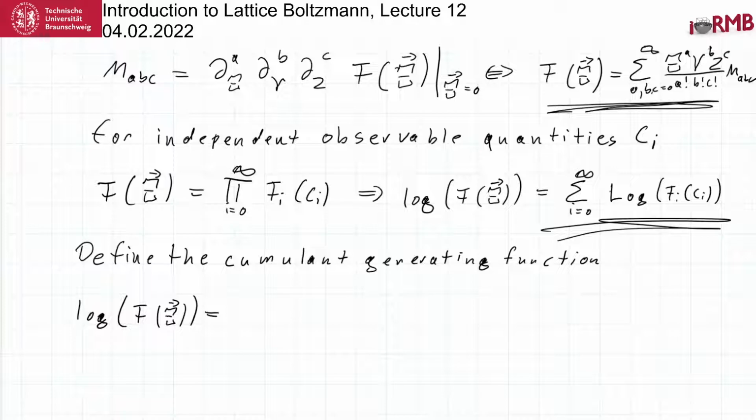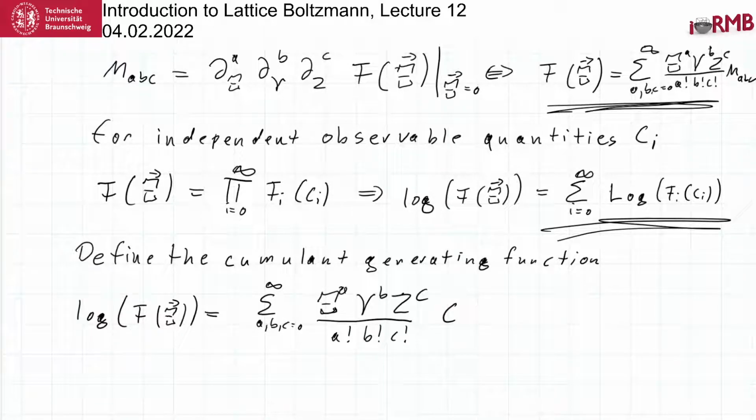And this now looks exactly the same. It's the sum over A, B, C from 0 to infinity, of xi to the power of A, upsilon to the power of B and zeta to the power of C, divided by A factorial, B factorial, C factorial. And here come the cumulants, c_ABC.